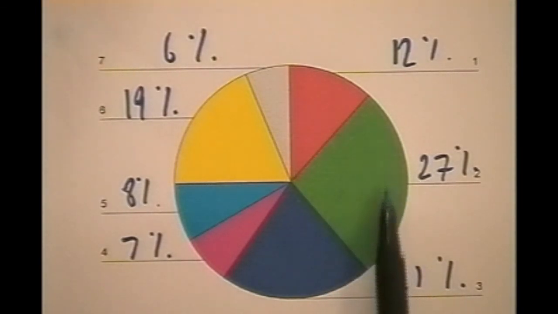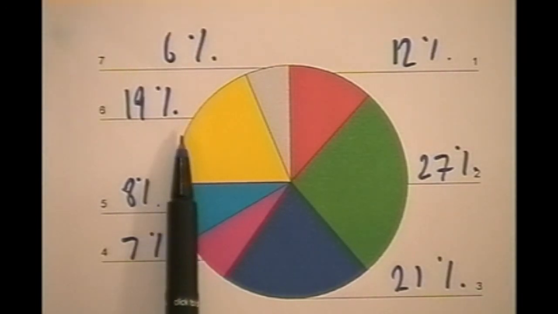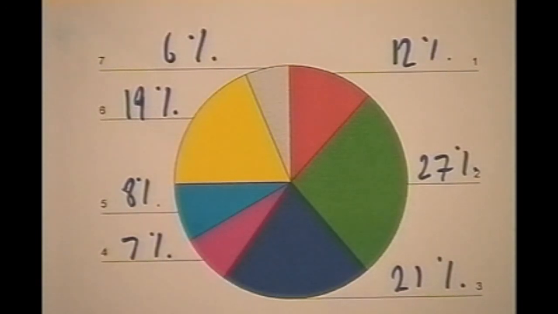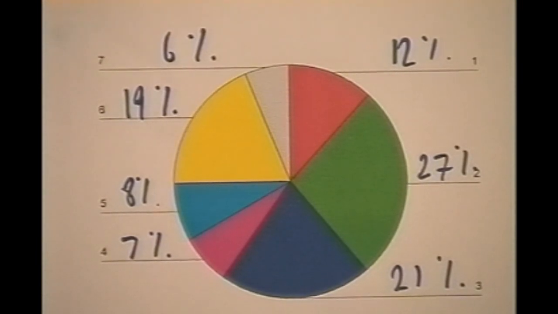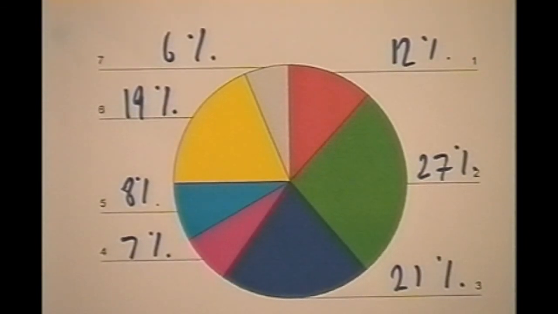So this child ate 27%, this child ate 21%, this child 7%, this child 8%, this child 19%, this child 6%. So the same data as we've just shown in the bar chart, still a type of frequency count, but this time shown as a pie chart.